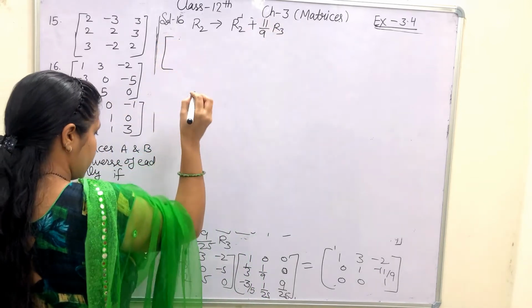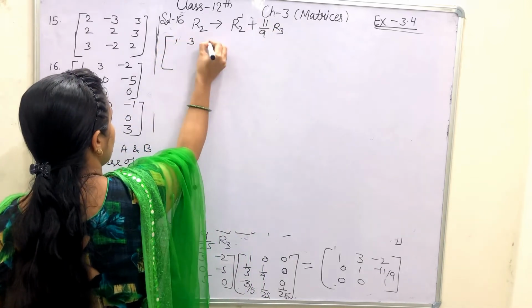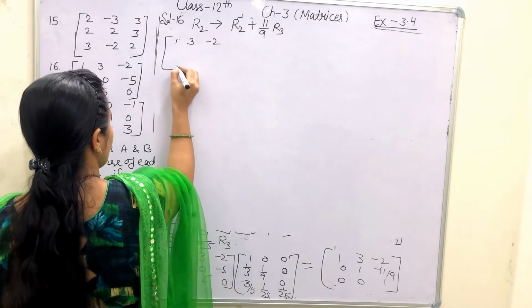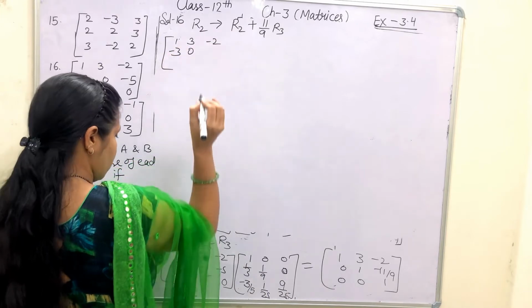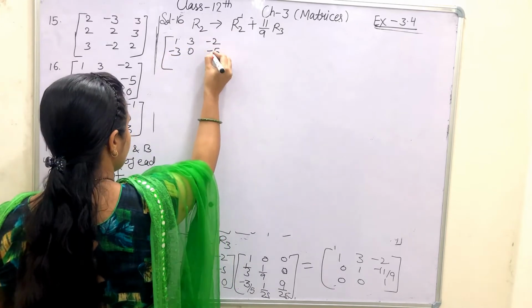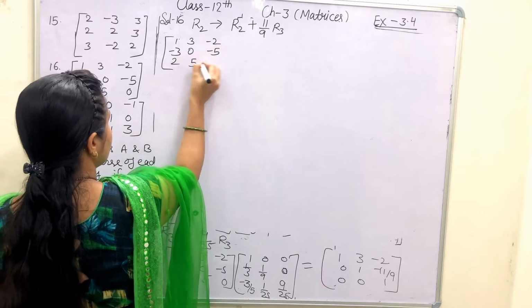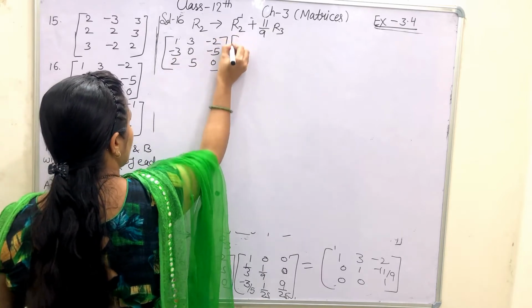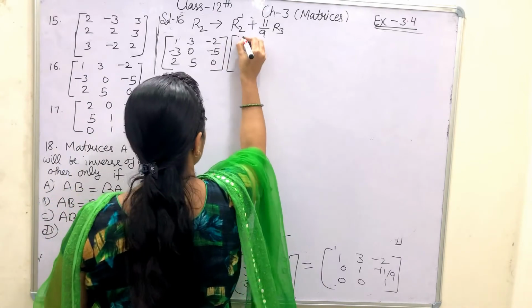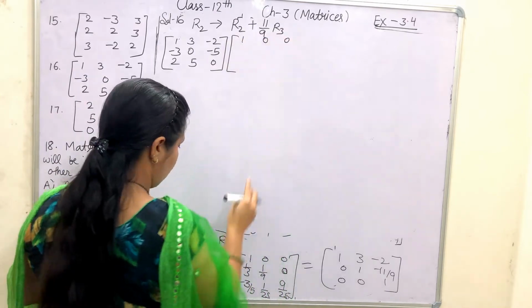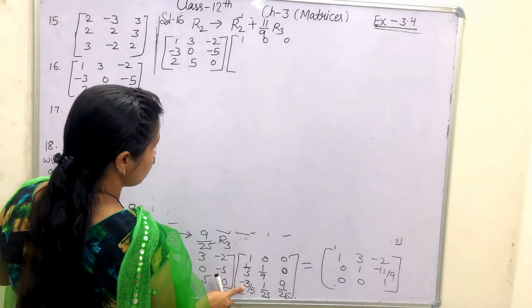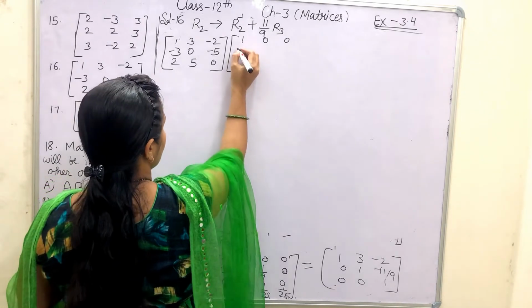We get here 1, 3, minus 2, minus 3, 0, minus 5, 2, 5, 0, 1, 0, 0. Now R2 plus 11 by 9 R3.